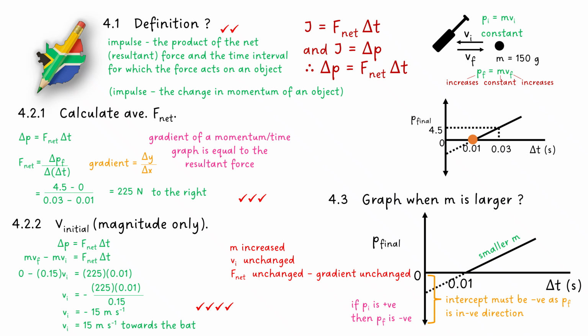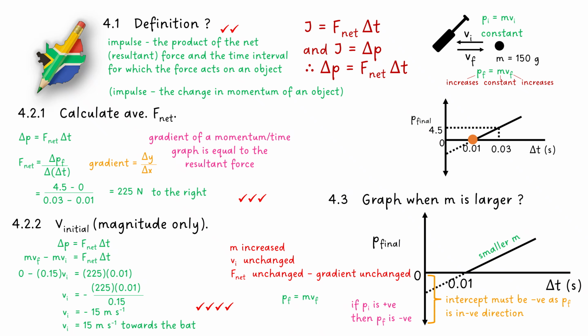Also, since momentum is a vector, if the initial momentum of the ball towards the bat is positive, then the final momentum away from the bat is negative. And so we know the intercept must be negative. So the graph cannot be starting above the x-axis. It must start below the x-axis.